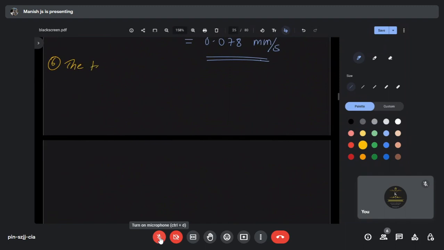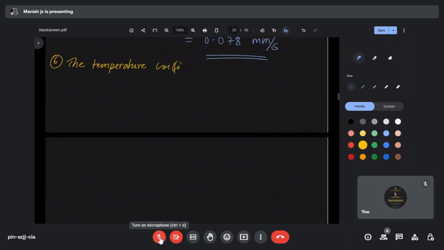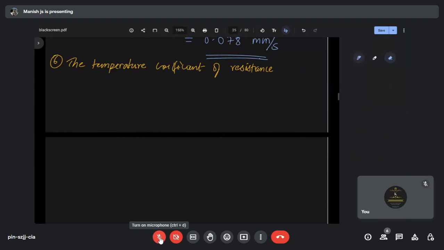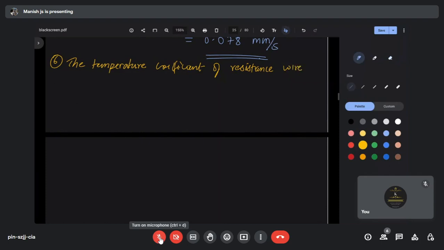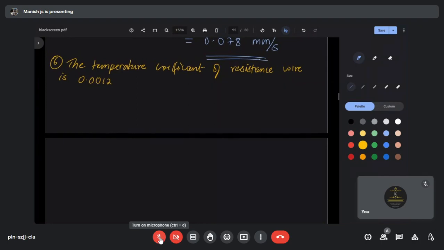Okay, the temperature coefficient of resistance for a resistance wire, let's say, is 0.00125 degrees Celsius inverse.